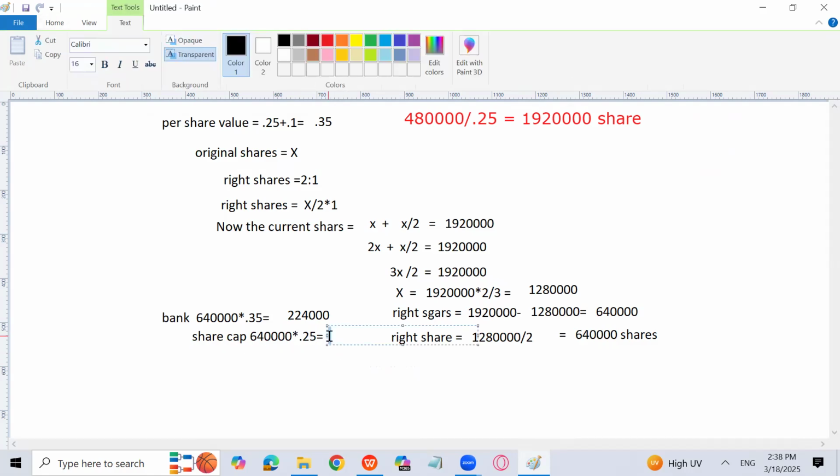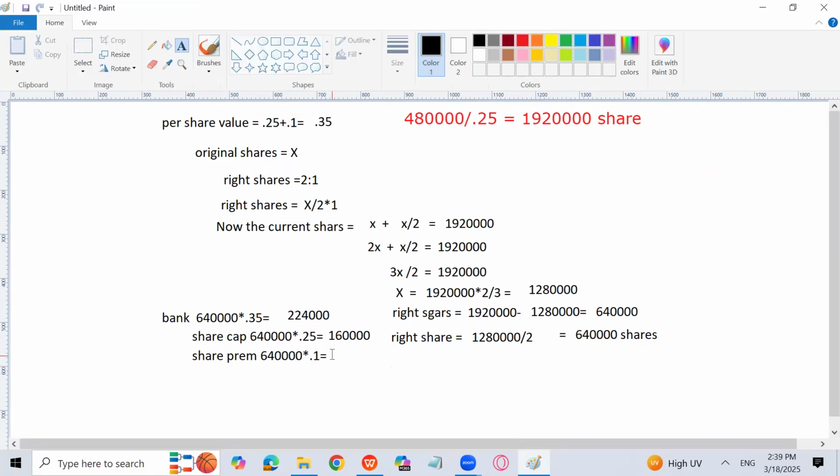So 6,40,000 into 0.25, what will come? 160,000. And then we will also credit the share premium, 6,40,000 into 0.1, and that is 64,000.